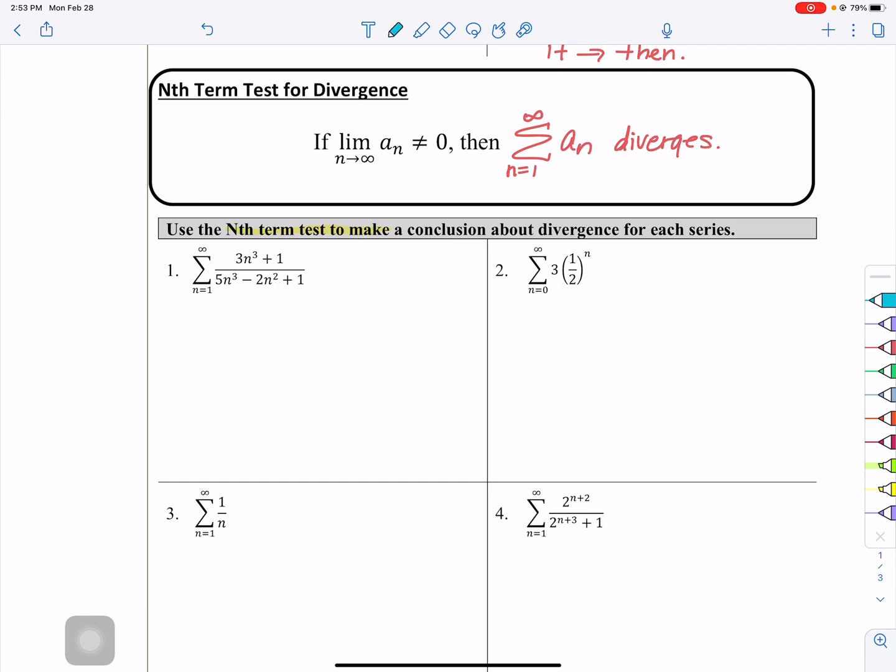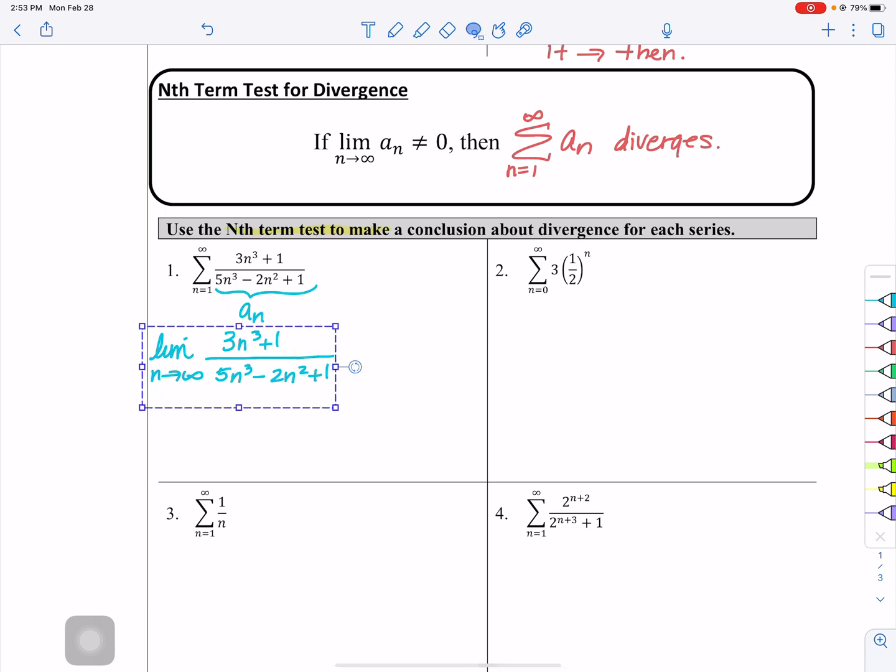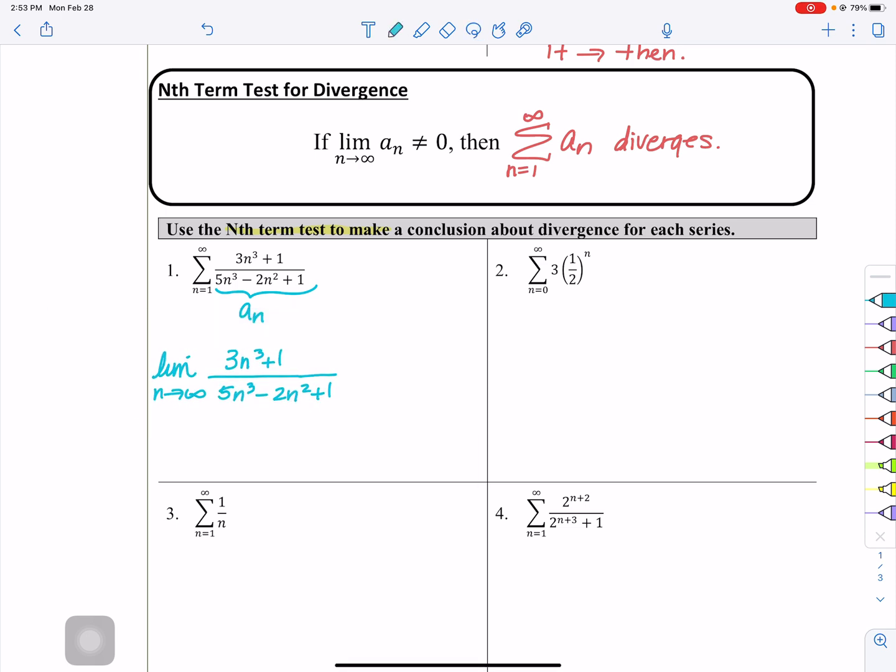Let's take a look at number 1. We're given this series, and this is a sub n. So this is the series of a sub n. So we want to take the limit as n approaches infinity of a sub n, and let's see what we get.